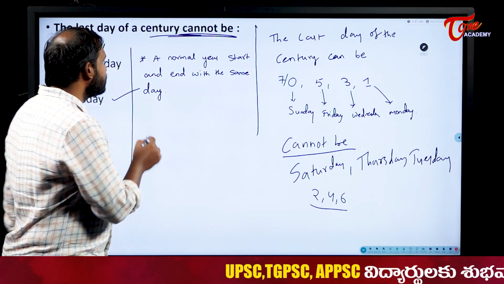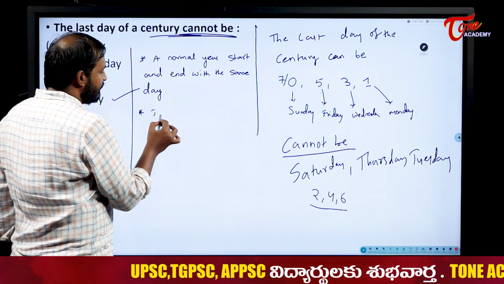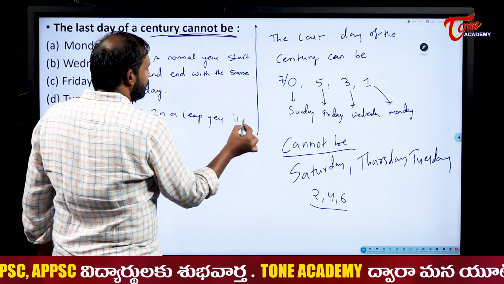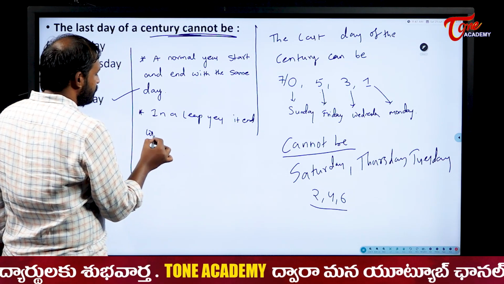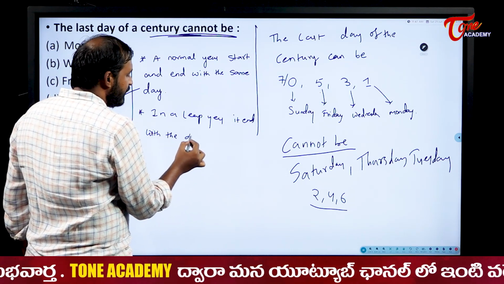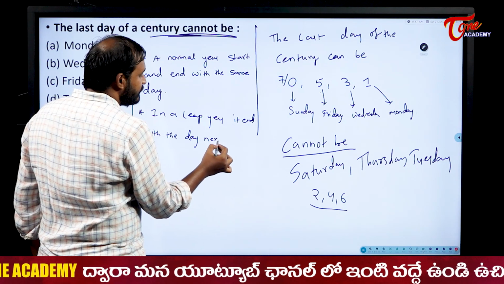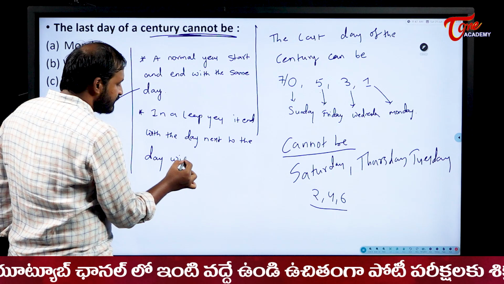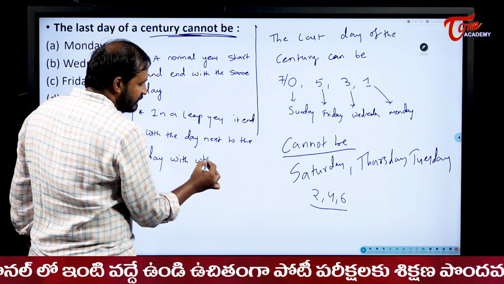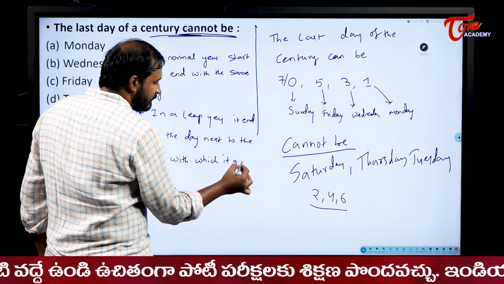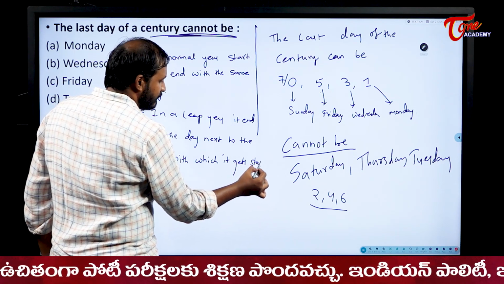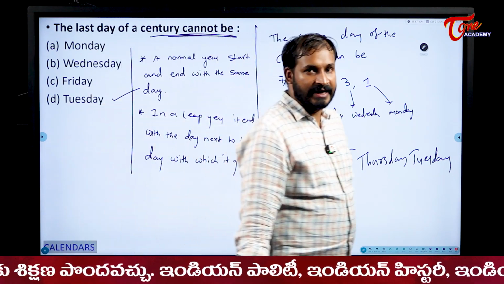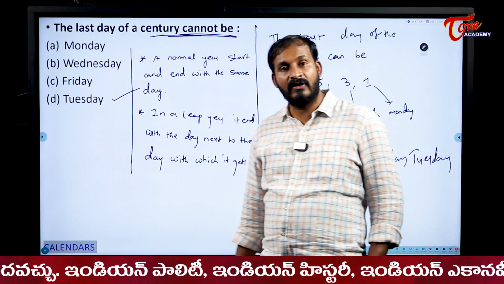But in the case of a leap year, it ends with the day next to the day with which it gets started. For example, if it is a leap year and it starts with Monday, that means if January 1st is a Monday, then December 31st will become what?